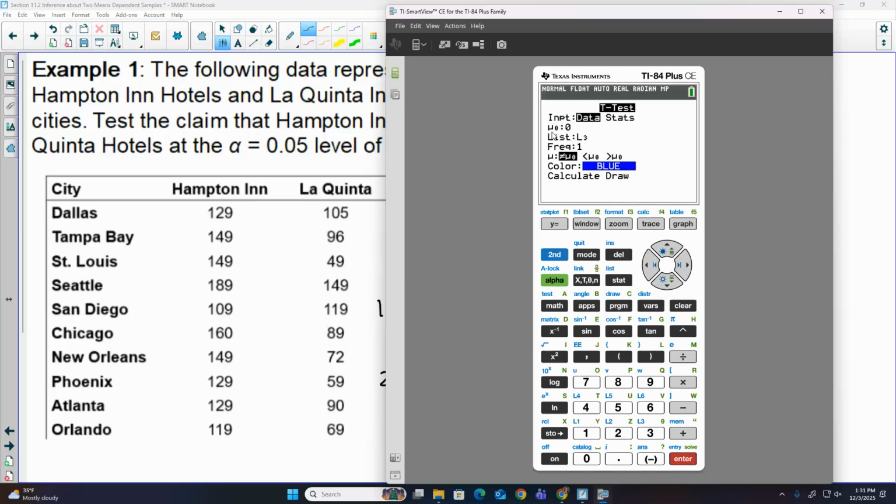Okay, the mean of the null is 0, that's what we want. But for the list, make sure it probably says L1 right now. It needs to say L3. So if you hit second, number 3, you can change the list to L3. Frequency should be at 1. We are testing not equal.